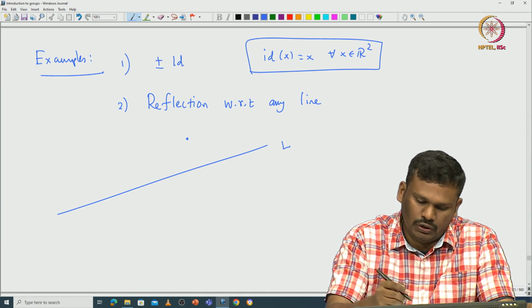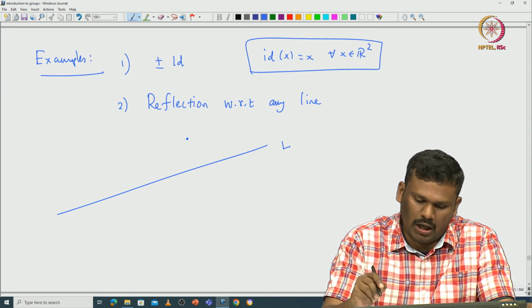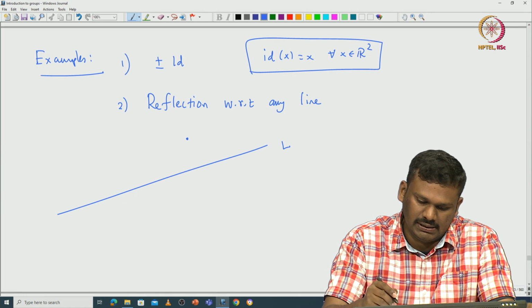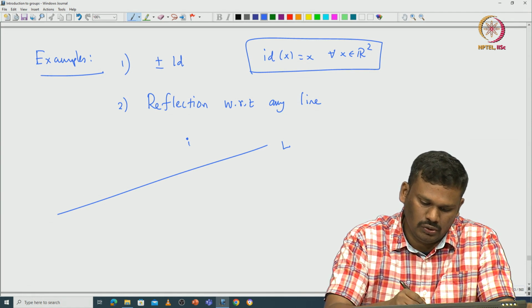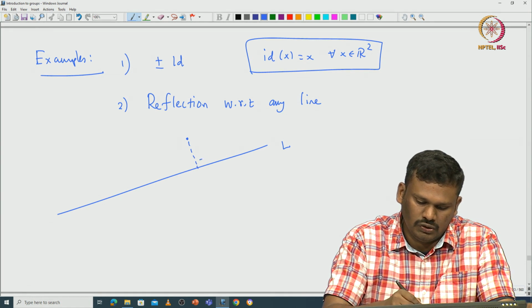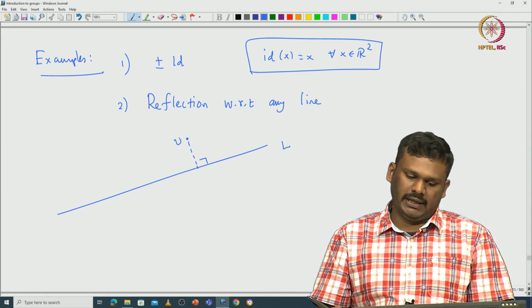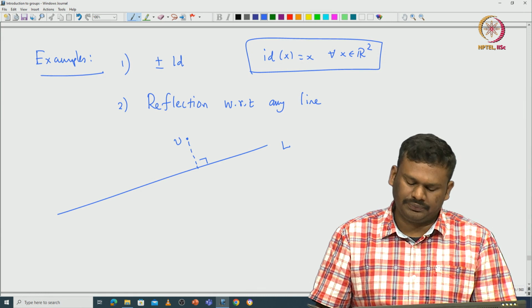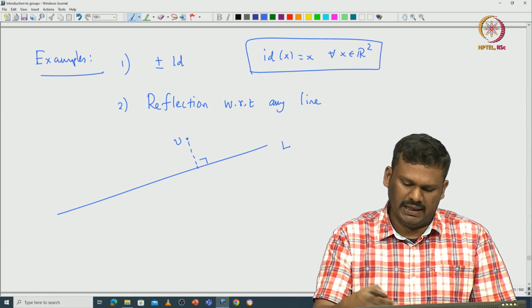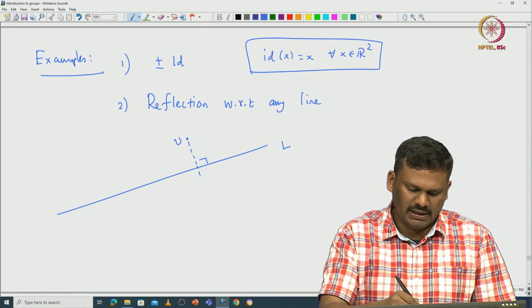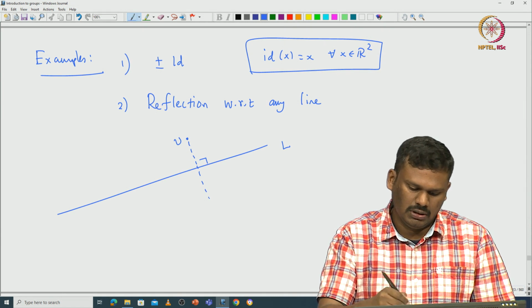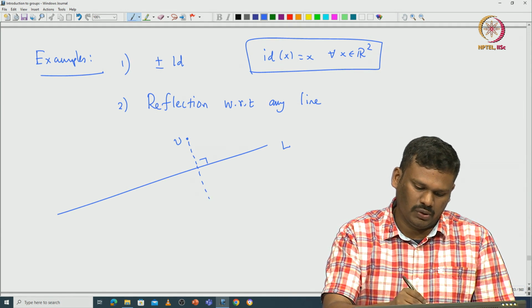Basically what you do, you draw a line which is orthogonal to L, and it connects this V and the line L. Then you extend that further by the same distance that you have here.